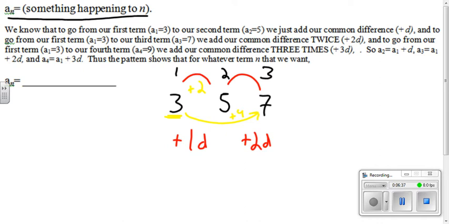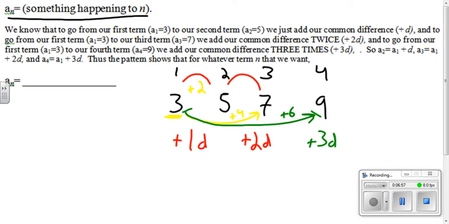Same thing if we go on to our fourth one, which is 9. To come all the way over, we had to add 3 differences. So from 3 to 9, it's a change of 6. We had to add 6, which is 3 differences.